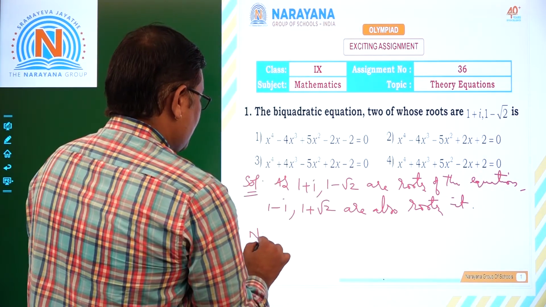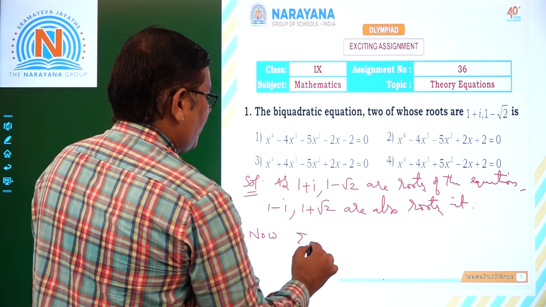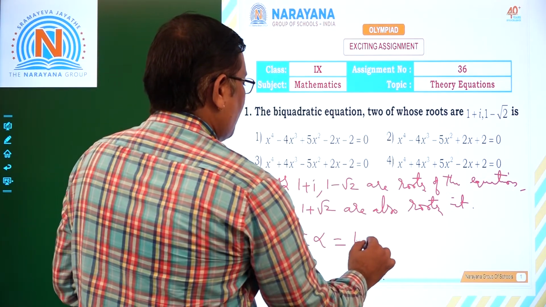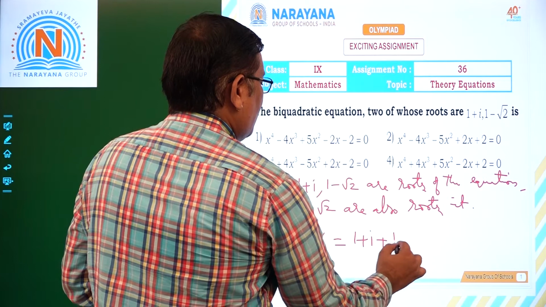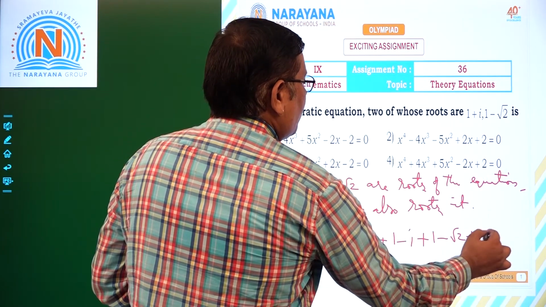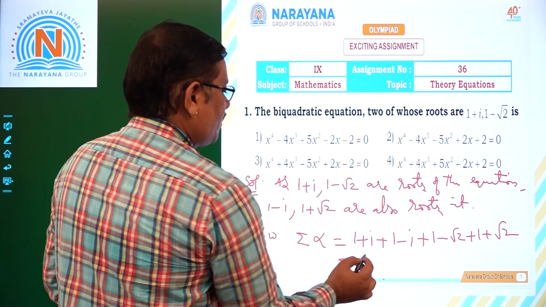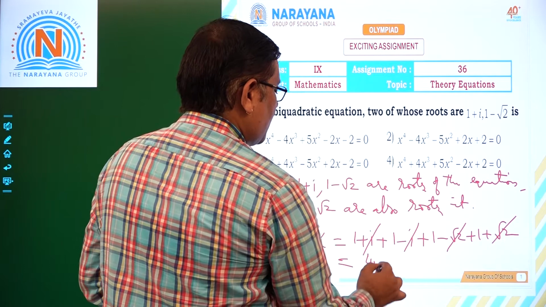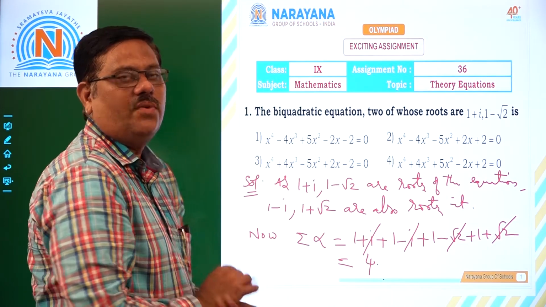Now first step is, what is sigma alpha? Let us try to find the sum of the roots. What is that? 1 plus i plus 1 minus i plus 1 minus root 2 plus 1 plus root 2, 4 roots. So if you observe here, plus i minus i, minus root 2 plus root 2 cancel and the sum is 4. Sum of the roots is 4.